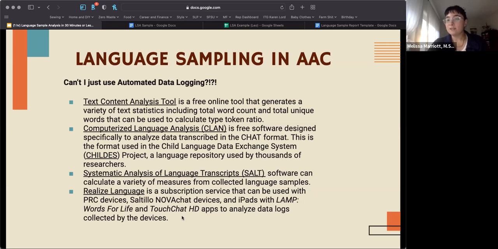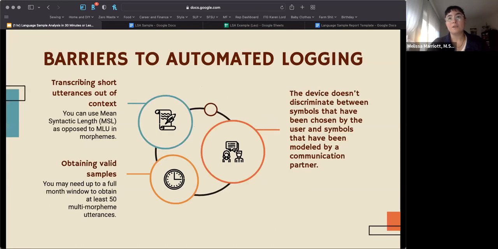So what is the issue with using all of this information? First of all, there is the barrier about short utterances. This one we talked about a little bit already. If I'm going through and transcribing a language sample by hand, then I can use that mean syntactic length to delete out all of the things that are single morphemes, of which there are often many for AAC users.